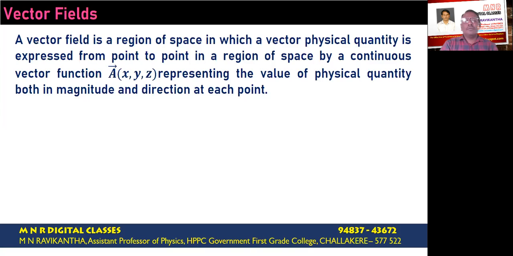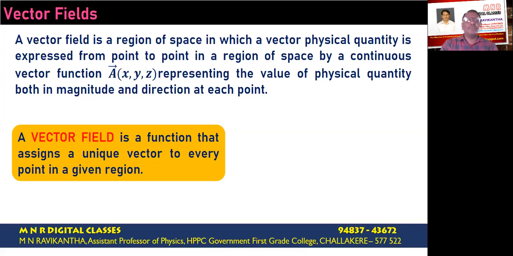So by this definition, it is clear that a vector field is a space in which any vector physical quantity can be expressed from point to point, both in magnitude as well as direction, as a continuous function. This is very important.